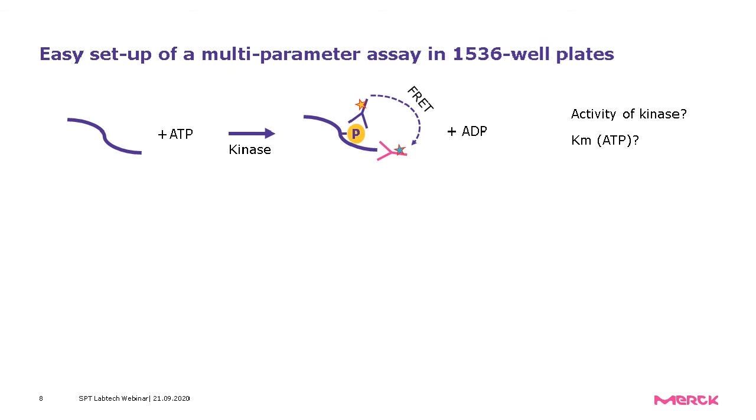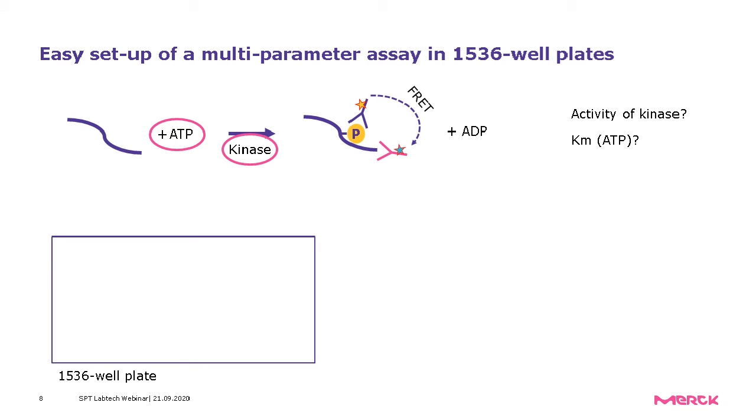In this assay, we were interested in what the activity of the protein we had in hand is, and what the Michaelis-Menten constant of ATP is. For this, you have to titrate the kinase and you have to titrate the ATP in your assay.